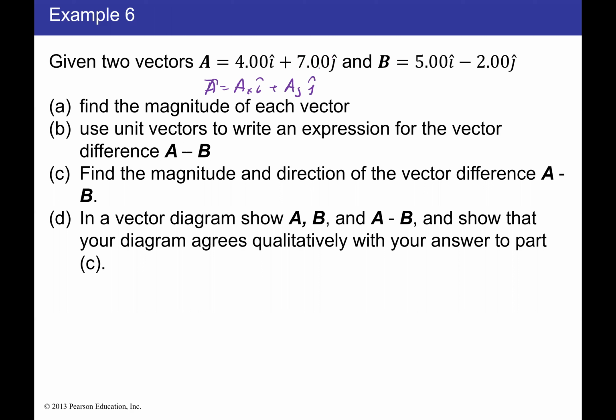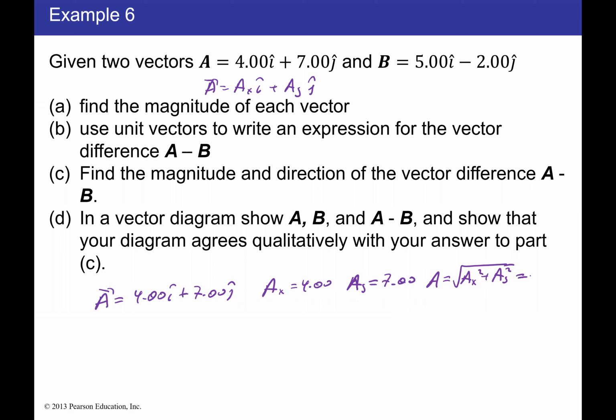For part A, we want to find the magnitude of each vector. If I take vector A, 4 i hat plus 7 j hat, I'm saying that the x component is 4 and the y component is 7. Then I can find the magnitude of A by taking the square root of the x component squared plus the y component squared, and plugging in the values.